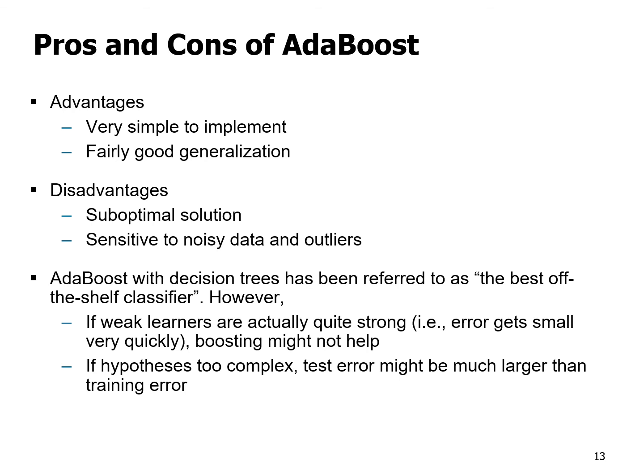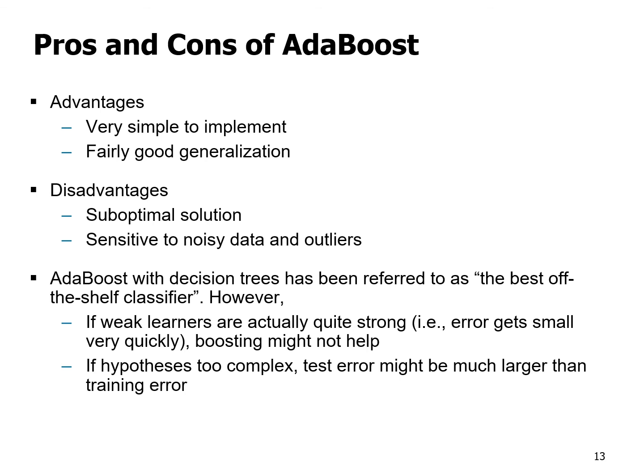And here we're going to see some pros and cons of the AdaBoost algorithm. Even though this algorithm is quite simple and easy to implement, it is still widely used in many applications, and it is quite competitive actually.